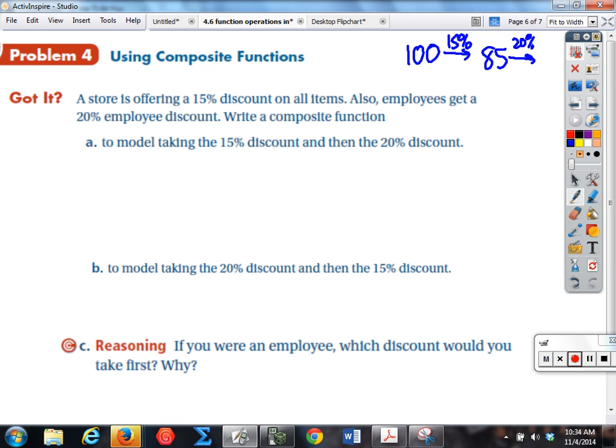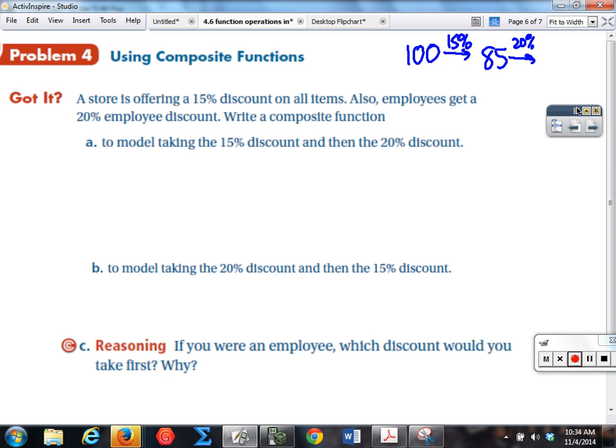Can you figure out 20% fast? Can you figure out 10% fast? Probably. Yeah, 8.5. So 20% is twice that. 17. So what is 85 minus 17? 68. So if you do the 15%, then the 20%, it's 68.